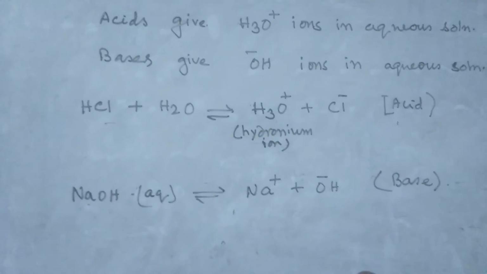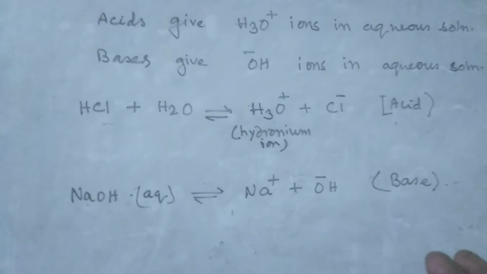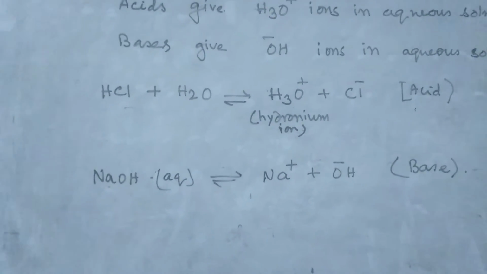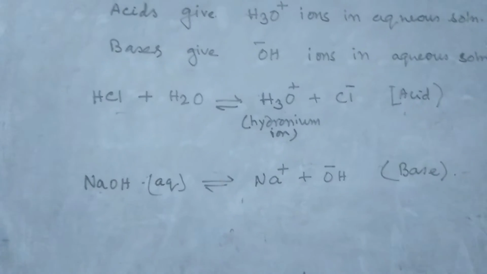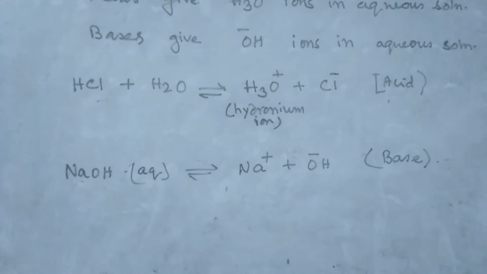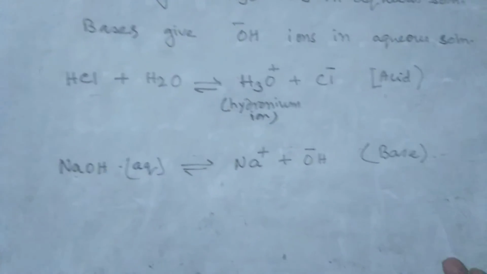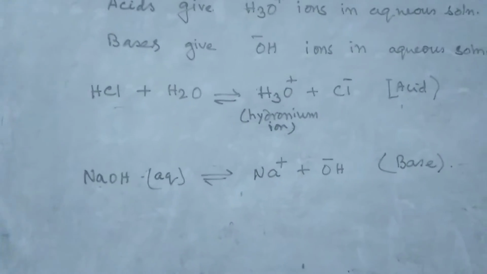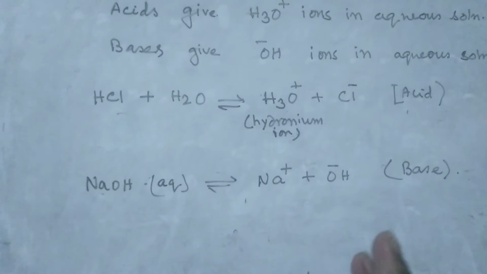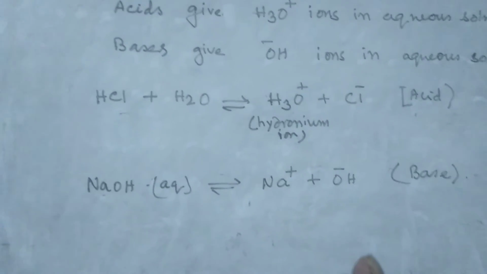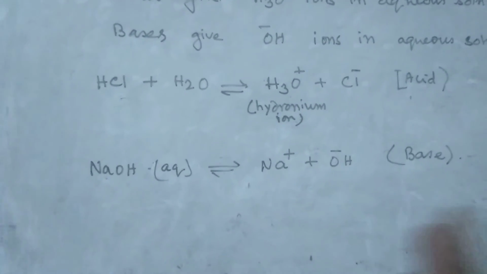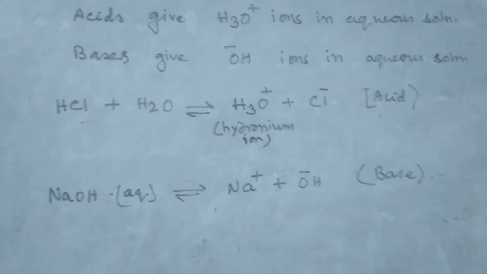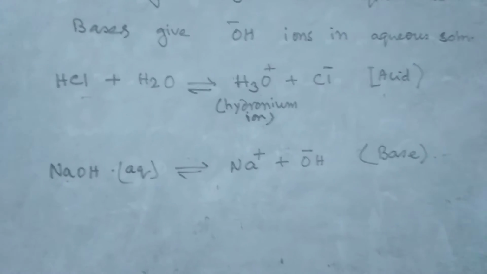If the acid dissociates to a large extent, it is a strong acid. If the base dissociates to a large extent, it is a strong base because it gives more OH minus ion. If they dissociate to a small extent, then the acid is a weak acid, and the base is called a weak base.